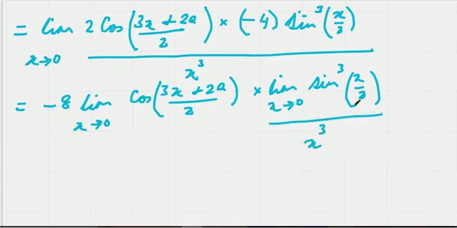I can write this as sine(x/2) upon (x/2), whole cube. So I have clubbed these two, there is a cube here and a cube here. And that becomes equal to minus 8. As x tends to 0, this becomes cos of (0 + 2a)/2. That's cos a.